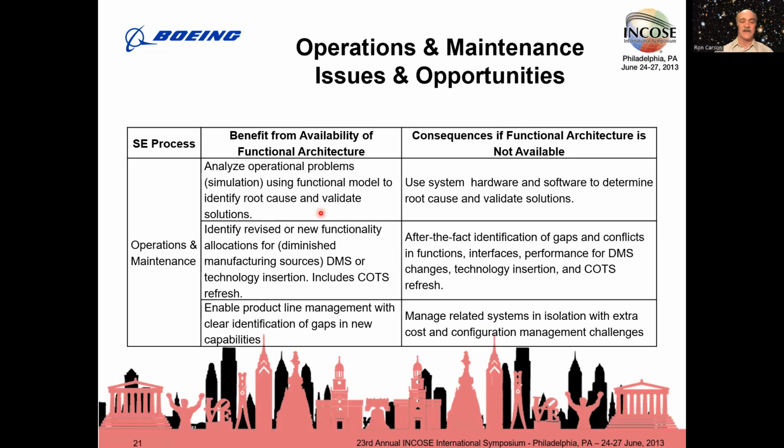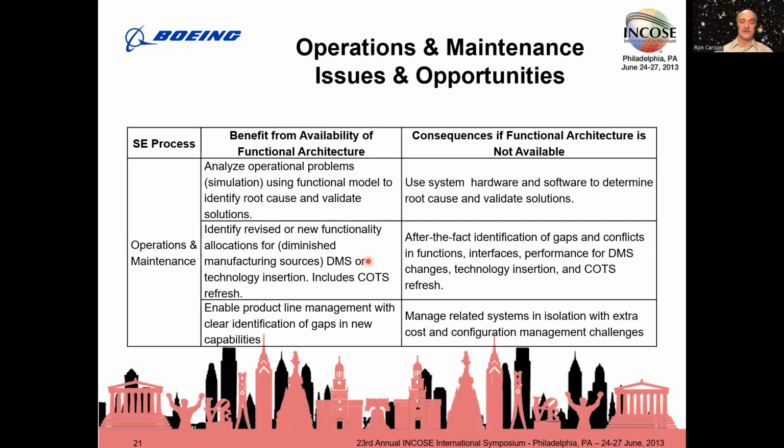We can identify revised or new functionality allocations when we have, for example, diminished manufacturing sources as things become unavailable, or we want to perform some technology insertion or refresh. Make sure that the revised functional architecture is going to be effective at meeting the system requirements as well as the user needs.